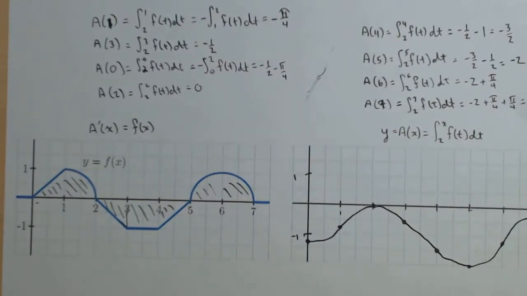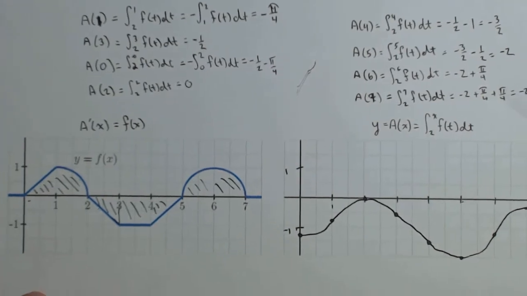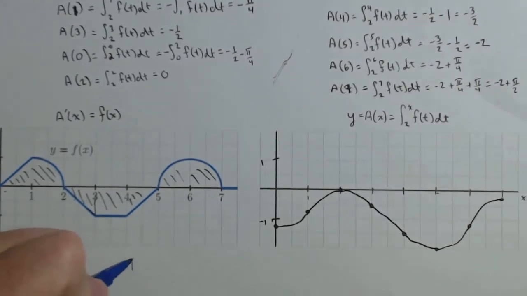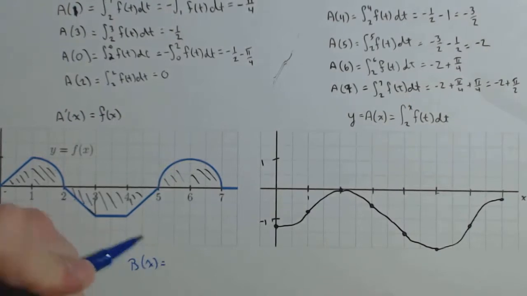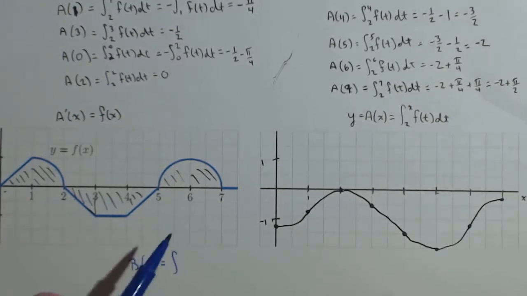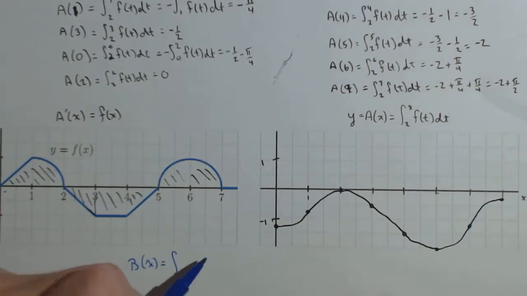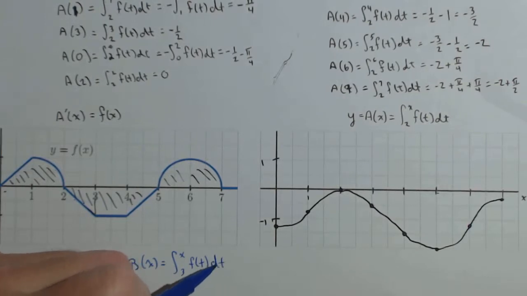So let's do just one other. We want to do some function, we'll call it B of x, where it's the integral from 3 to x of f of t dt. The easiest way to do this without doing a lot of work is when x is 3, this thing is 0.